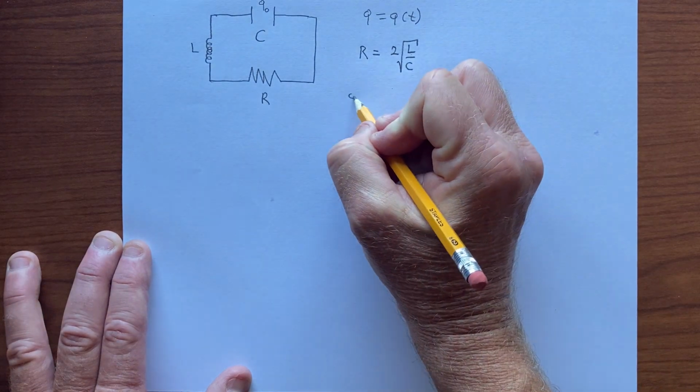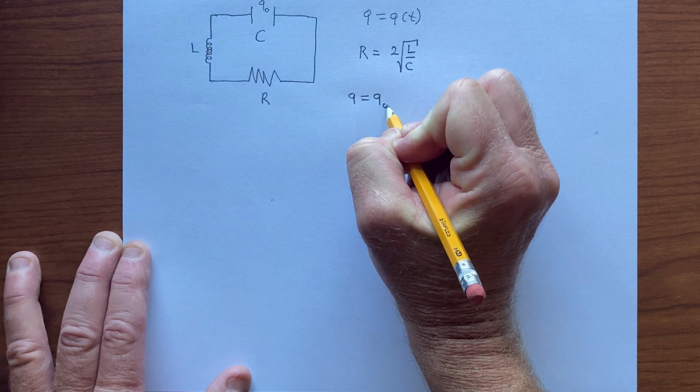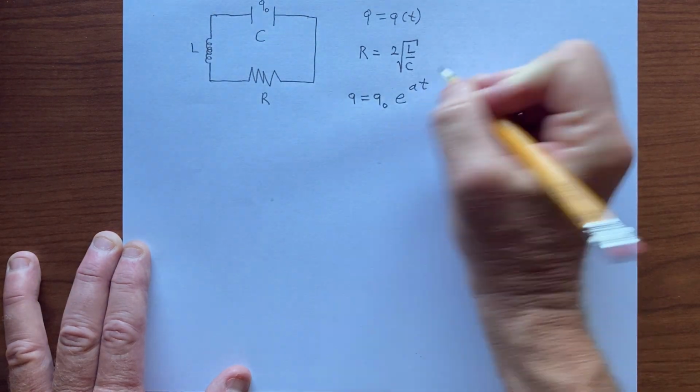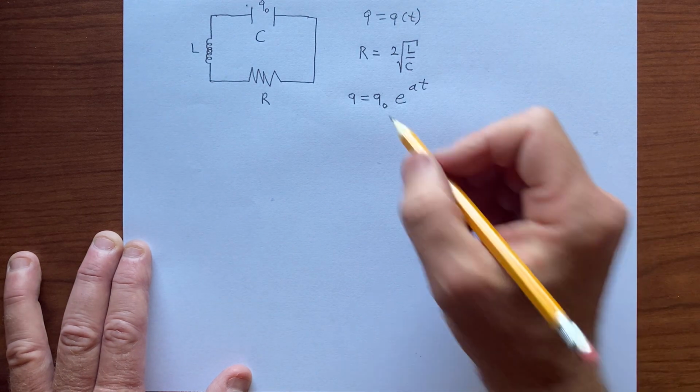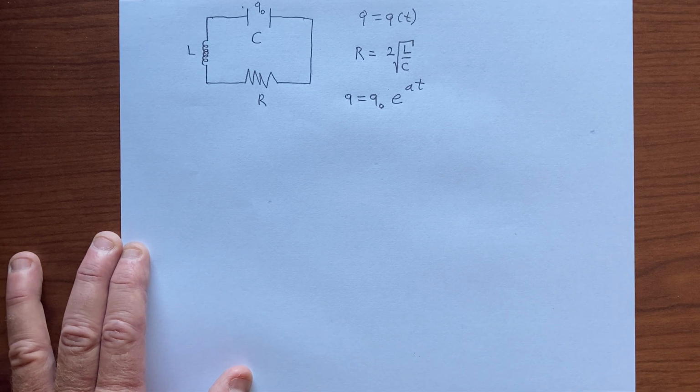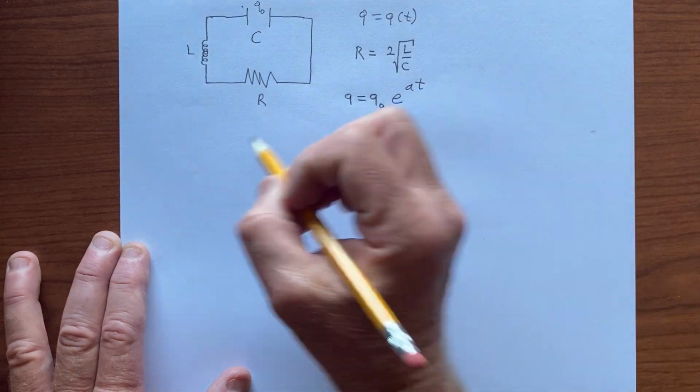So we know that the general solution is something like this, which of course reduces at t equals 0 to Q naught, which is the initial state. The capacitor is charged to a value Q naught, and that's the value at t equals 0. So what is the A?